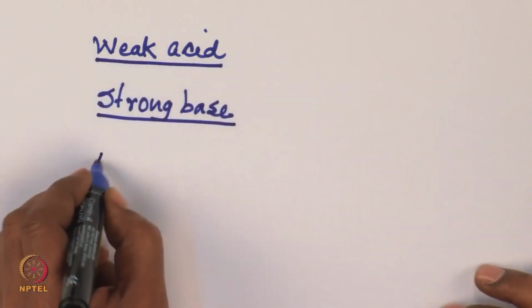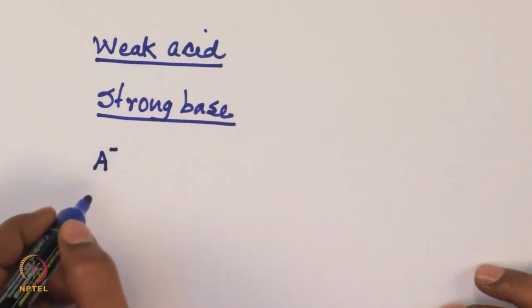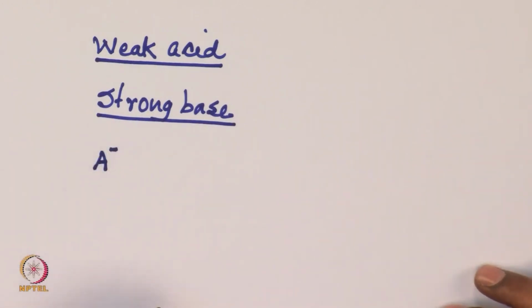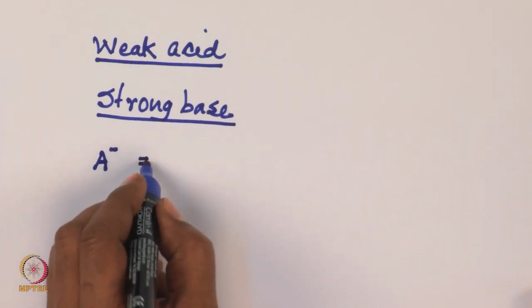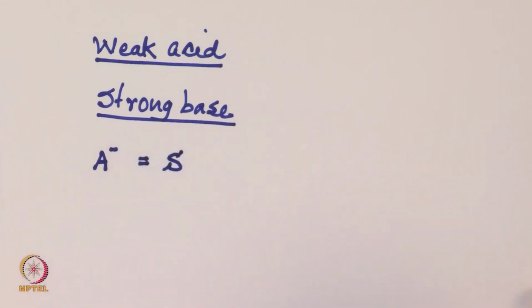So, whatever is A minus, we are talking about the anion of the weak acid, we can equate that equal to S if I use S as the concentration of the salt which is formed as a product.